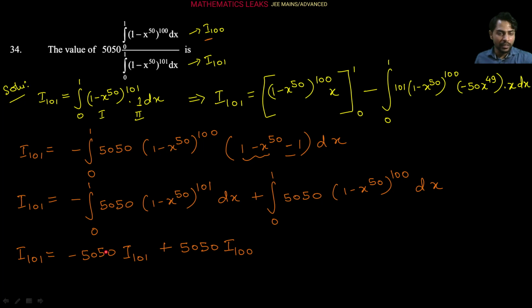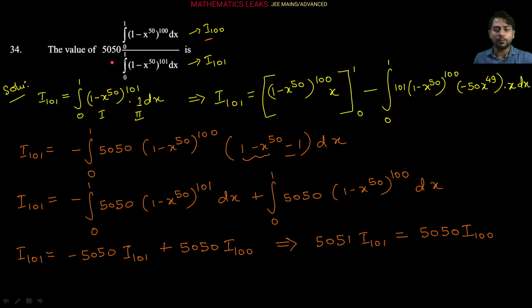So this negative quantity comes on that side, so we get positive 5050 times I101 plus I101, so that is 5051 times I101, right? So on the right side the remaining quantity is 5050 I100, we can say here.